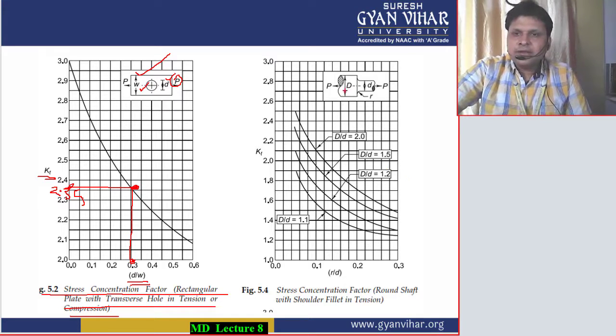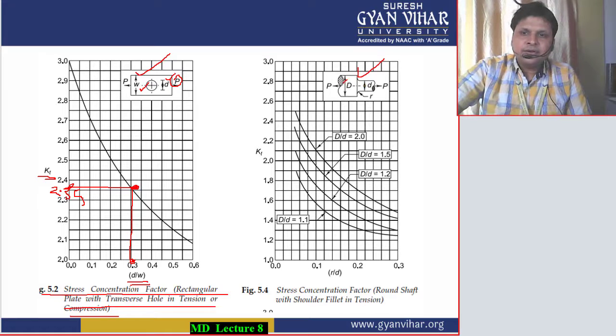Now I am taking the case of a shaft with a shoulder. The bigger diameter of the shaft is capital D, the small diameter is small d, and this change of cross section has been smoothed by giving a fillet radius small r.